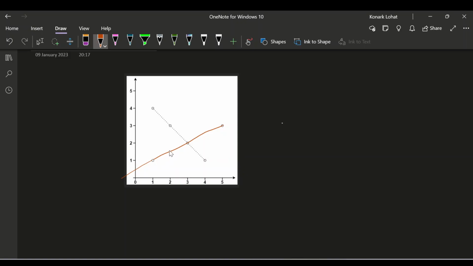After having this straight line, these are two straight lines. You can also have a straight line like this one as well, and you can also have a straight line in this direction. Then you can also have a straight line in this direction, this one and this one. So now all of the points are connected to each other.